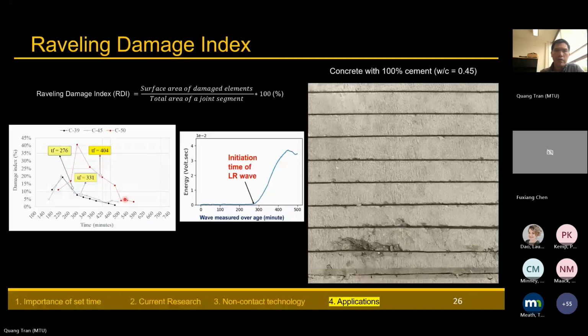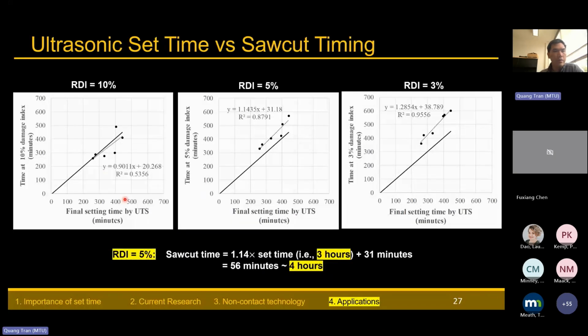We know that the set time that we conduct by the non-contact technologies is strongly correlated with different raveling intensity. So, for example, like here, in order to have 10% of the raveling damage, we can control it from the socket timing. Sorry, from the non-contact technologies. And in order to have 5%, we can also use the set time from the non-contact, and also 3%.